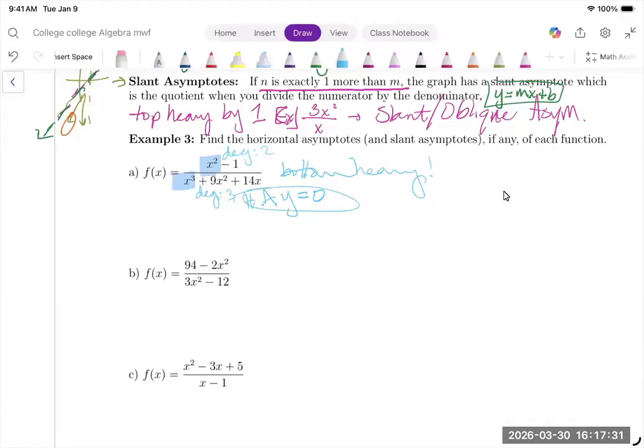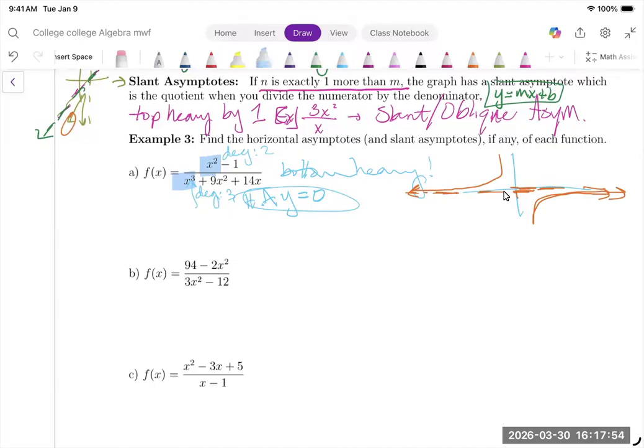And why do I know that? Because I am degree bottom heavy. That's the rule. If I were to graph it, my boomerangs would eventually look like the x-axis. We would just get closer and closer to the axis.